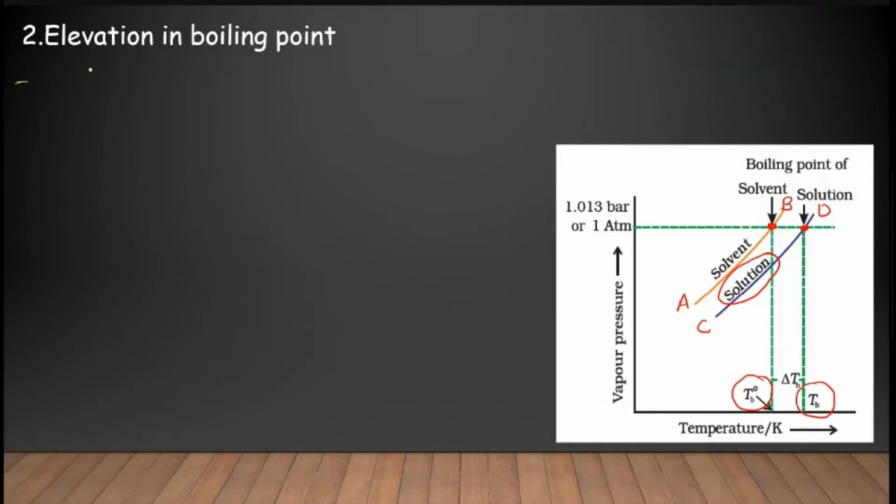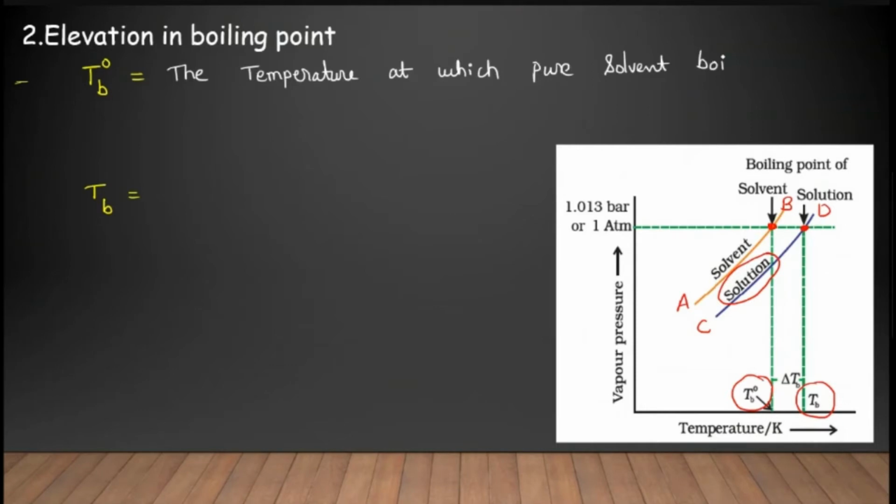First is T naught B and then TB. T naught B is nothing but the temperature at which pure solvent boils.